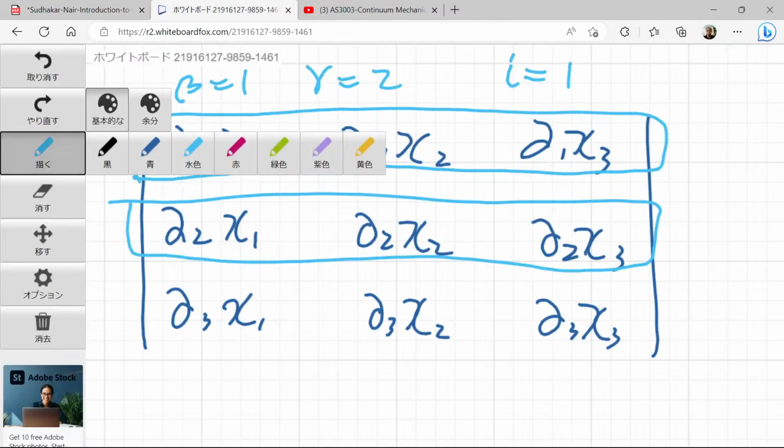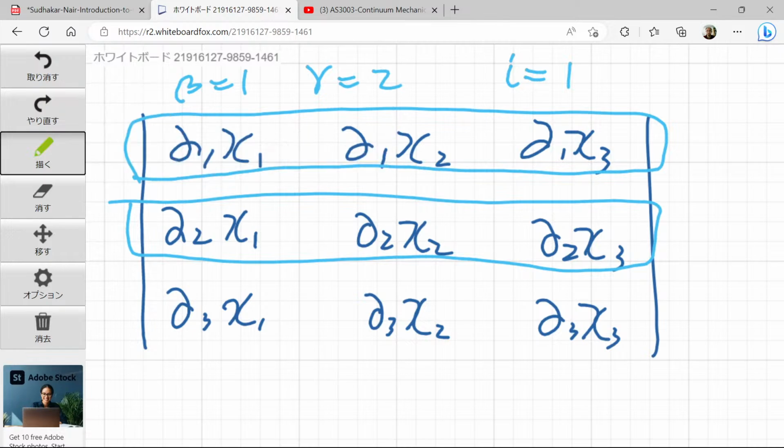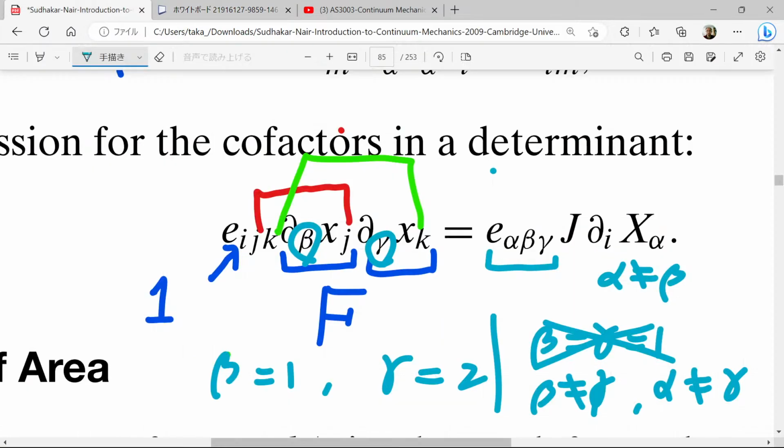So we also chose I equal 1. That's this one. We chose I equal 1.